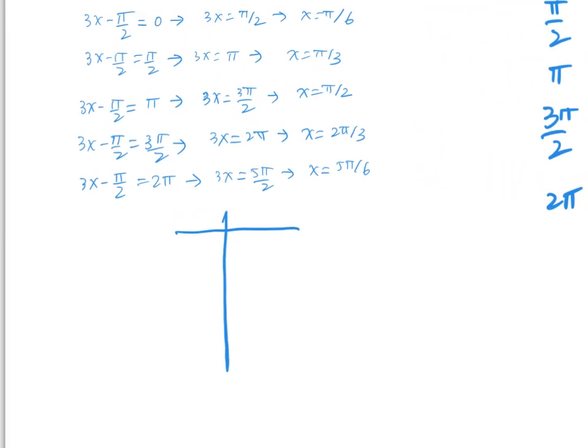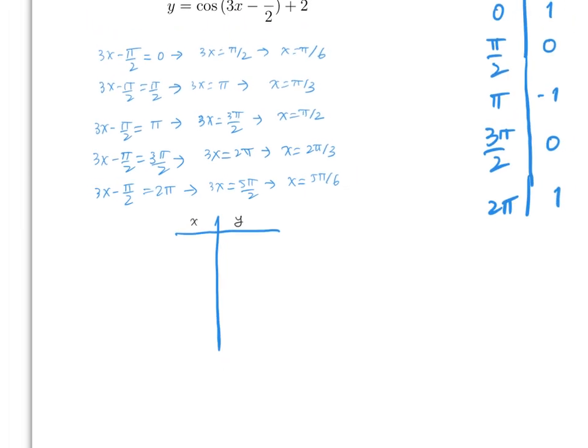And now we create a new table. So you have x and then y. The values for the table, remember here, is pi over 6 now. And now this will be 1 plus 2, because of this 2 right here. So that will give you 3. The next one was pi over 3, so it should now be 0 plus 2, which will give you 2.